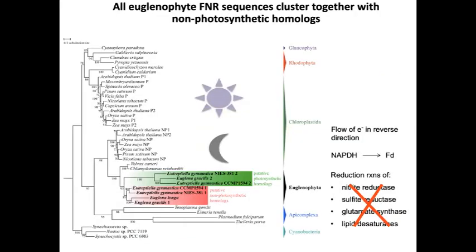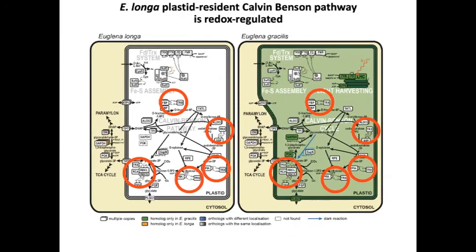So indeed, phylogenetic analysis is consistent with the origin of the system from green algae, and you can see that Euglena longa only has one of these enzymes. So what could be the function of the ferredoxin relay system?